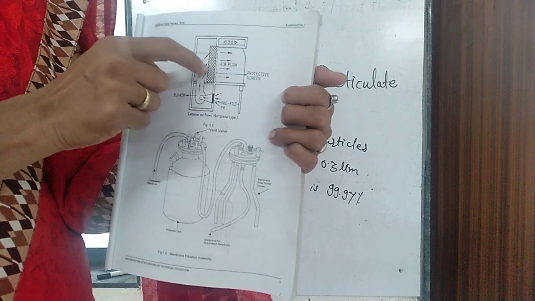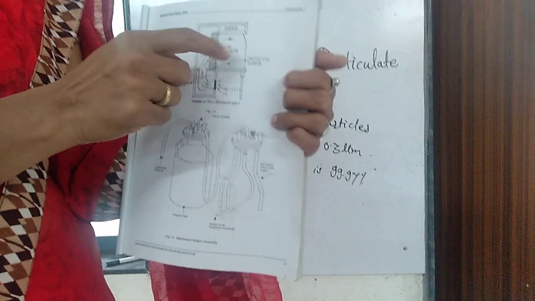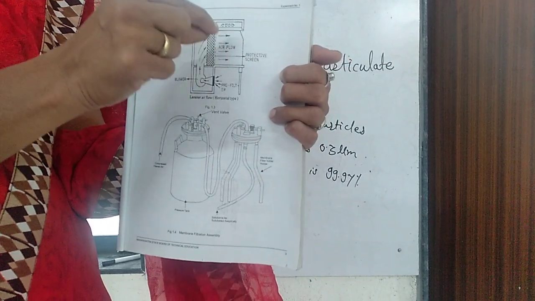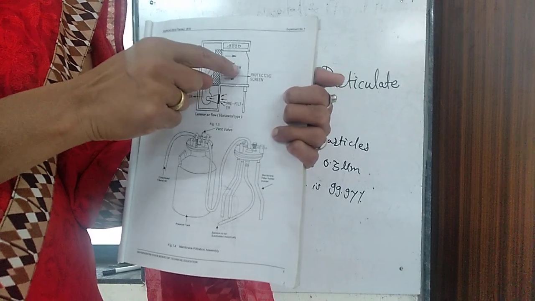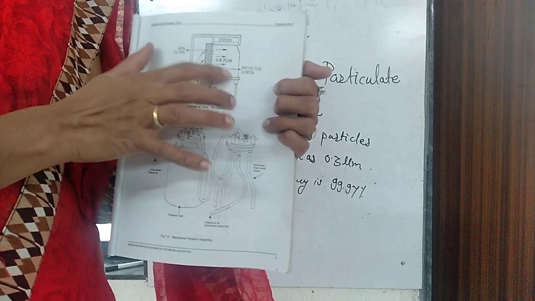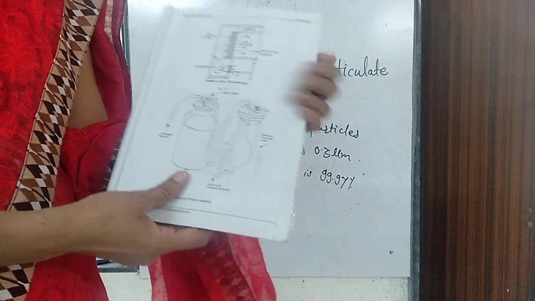Here the airflow is there, and this is the working bench. Here you can transfer your suspension, or you can seal the content ampule in this bench. That is sterile condition that will be obtained at this point.